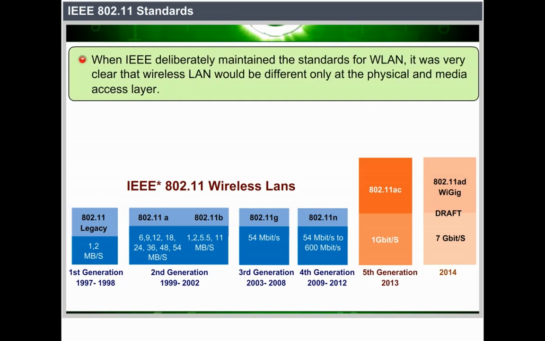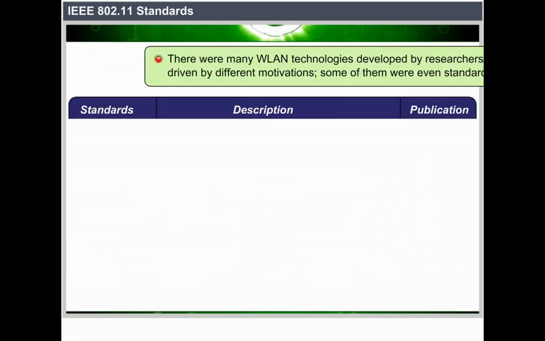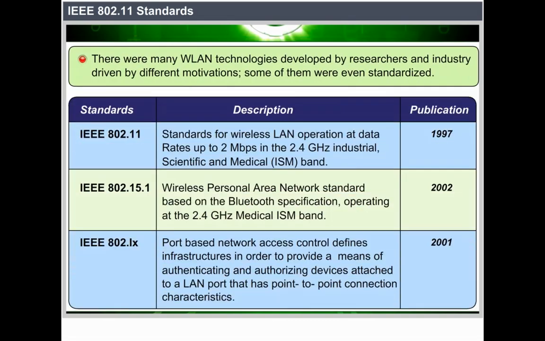When IEEE deliberated the standards for WLAN, it was clear that wireless LAN will be different only at the physical and media access layer. There were many WLAN technologies developed by researchers and industry driven by different motivations. Some of them were even standardized.